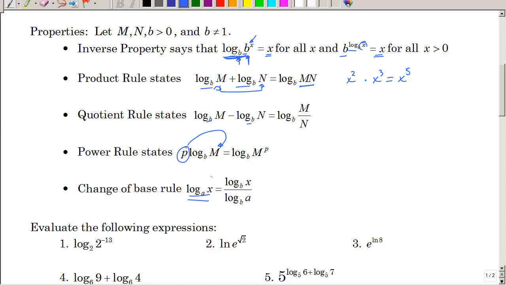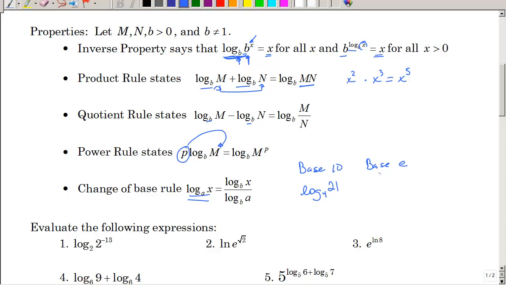Whether you have ever used this before depends on what you're doing. But because our calculator only has base 10 log and base e, this would be nice to know if I wanted the log base 4 of, say, the number 21.